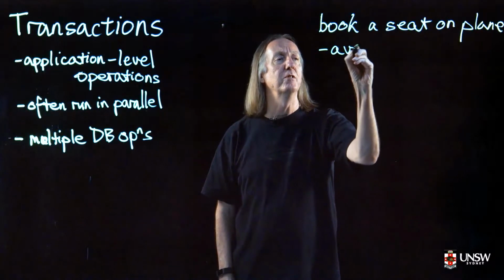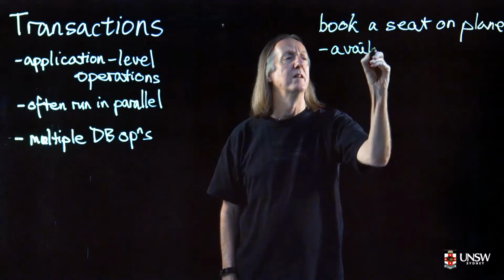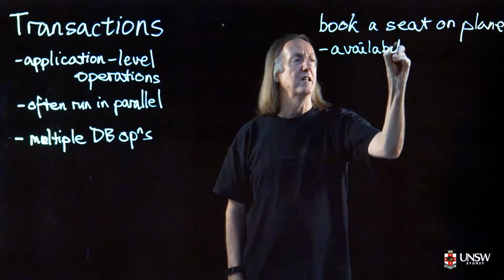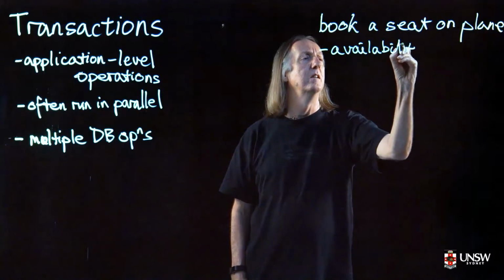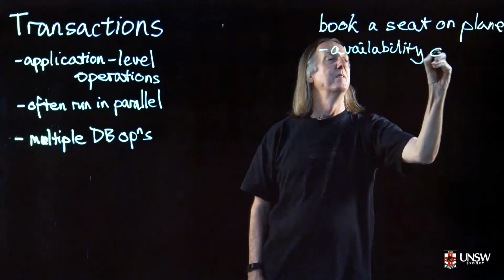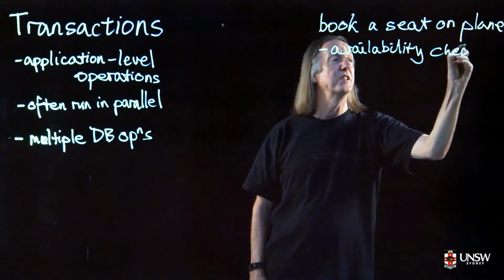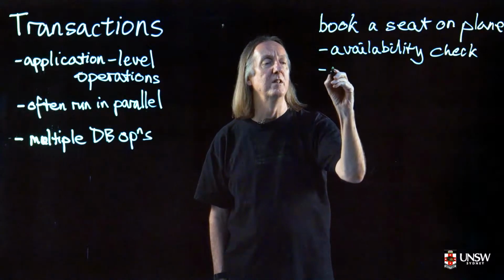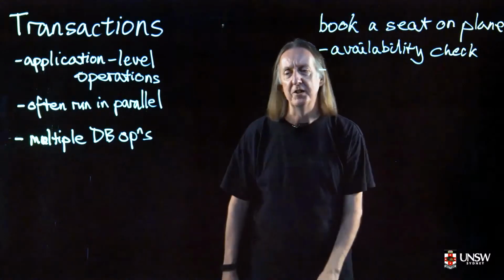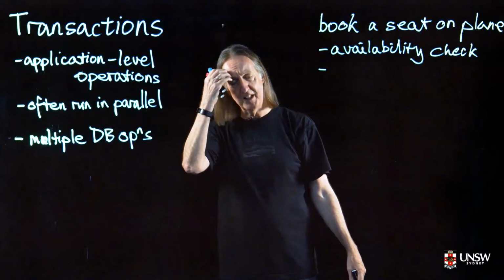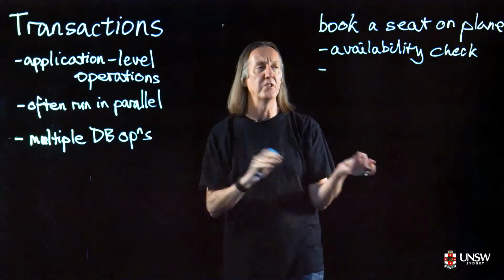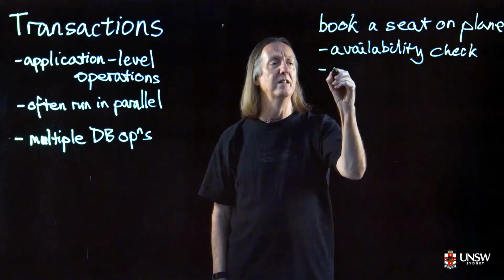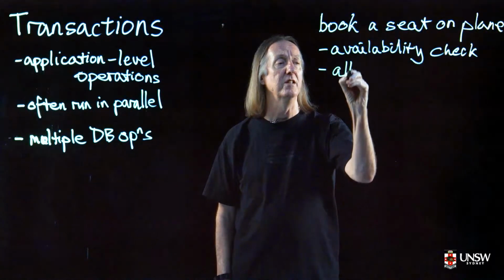So we have to do an availability check, and then if we find a seat available, then we can book it. And the operation that's going to happen in the database is we're going to add a tuple that says this passenger has booked this seat.